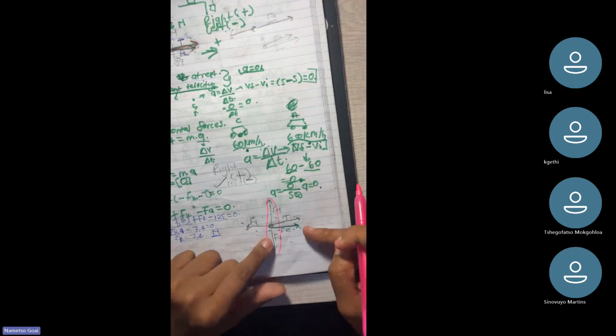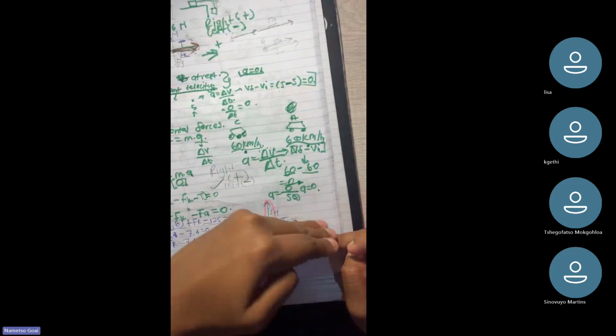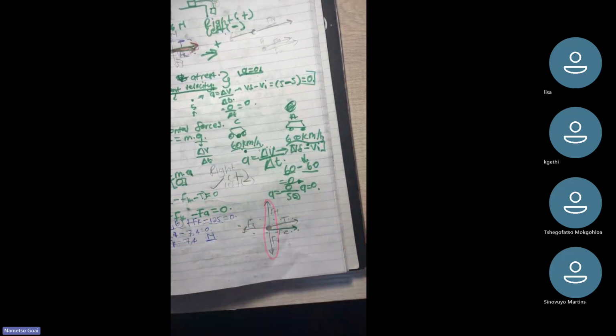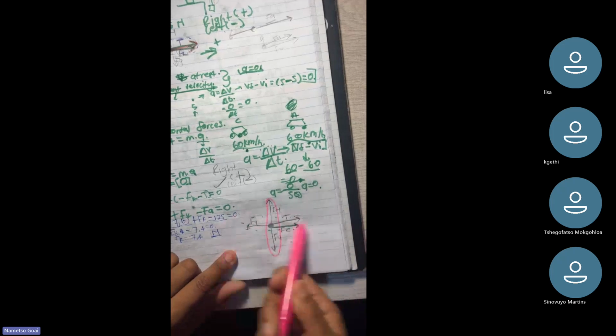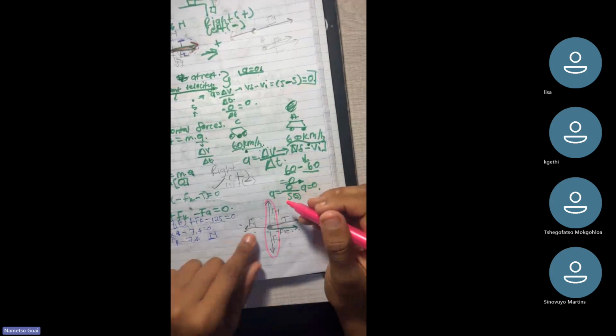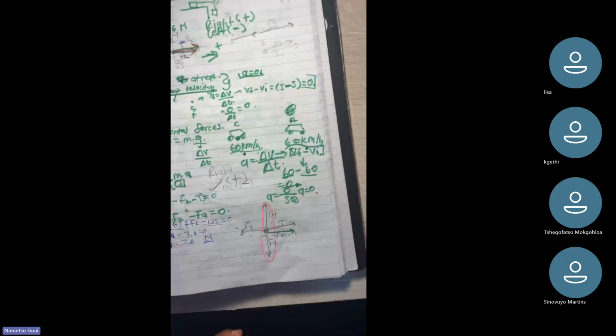But in this case, they spoke about friction, which is on the x-axis. So we only chose the horizontal components. But it's not that every time they're just going to ask us about the horizontal components. They might ask us to calculate Fn, which is in the vertical axis.